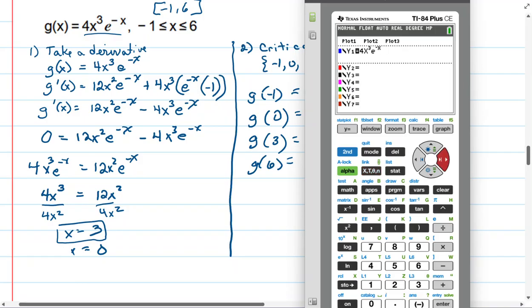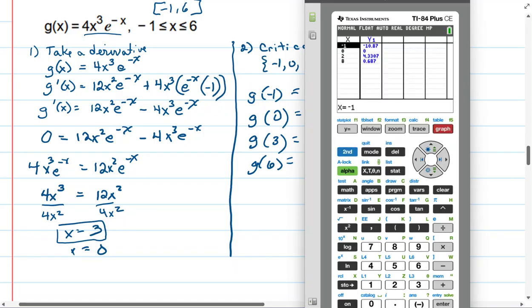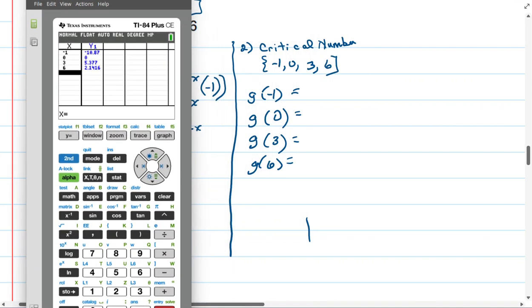Great. Now I'm going to go to my second table. I have the -1 already there, the 0, the 3, and the 6. And our values are, of course, these are all irrational numbers that you're looking at, but I'm putting what showed to 3 decimals at least.